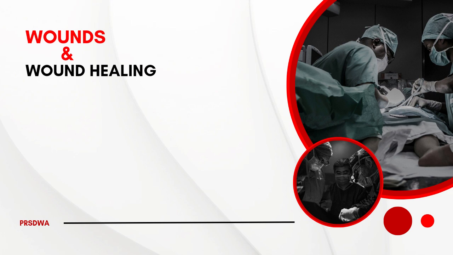Why clean contaminated? If there's minimal spillage, or spillage occurs in a controlled environment, that's clean contaminated. Examples of clean contaminated wounds are elective appendectomy and cholecystectomy for gallbladder surgeries.